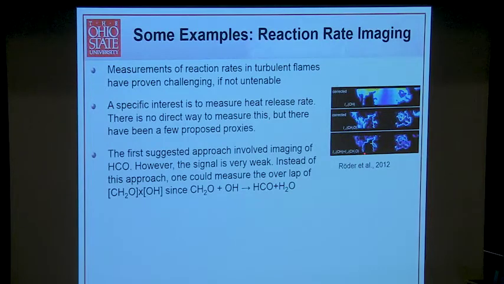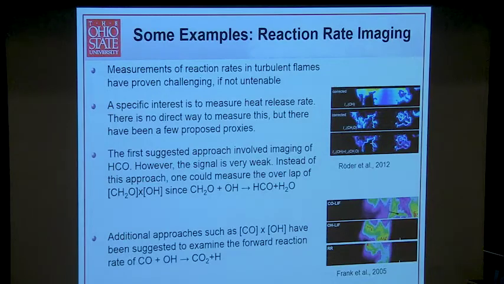So what you would do is multiple measurements, okay? You'd make an OH PLIF measurement, you make a formaldehyde PLIF measurement, and then their spatial overlap gives you a proxy for the regions of heat release. And this is a visualization approach, but it does give you a pretty reasonable marker of reaction rate.